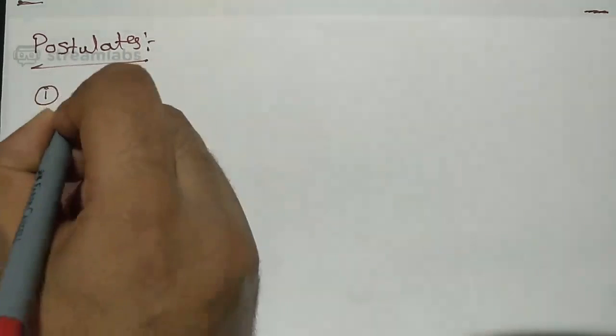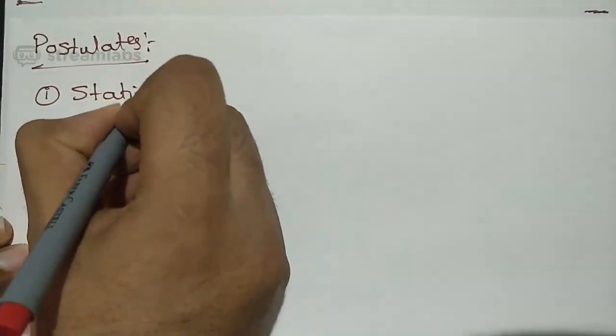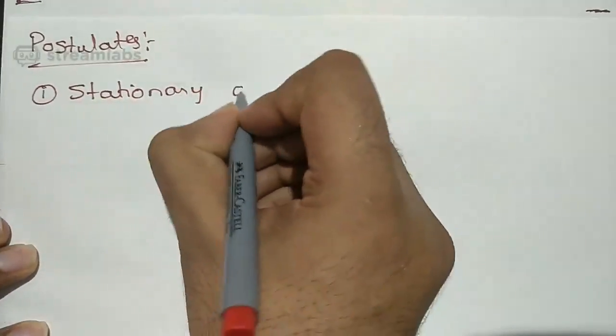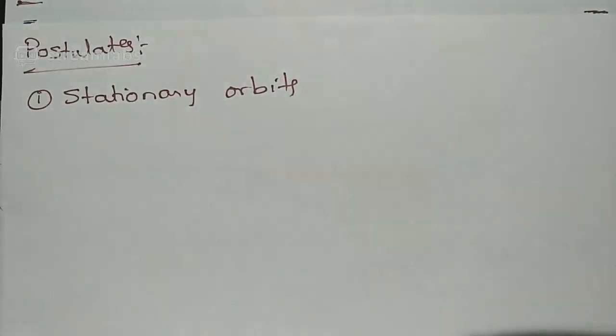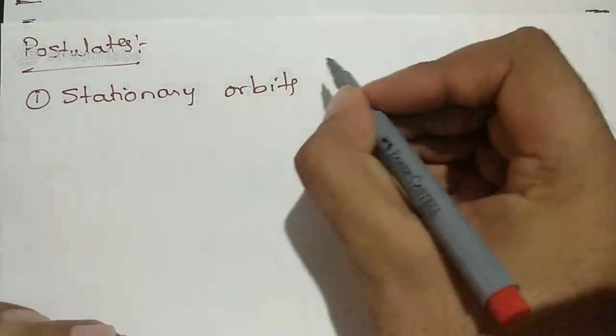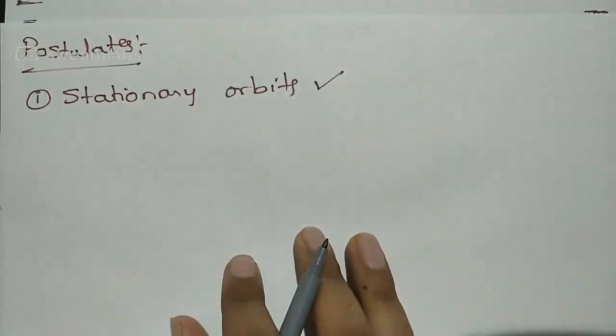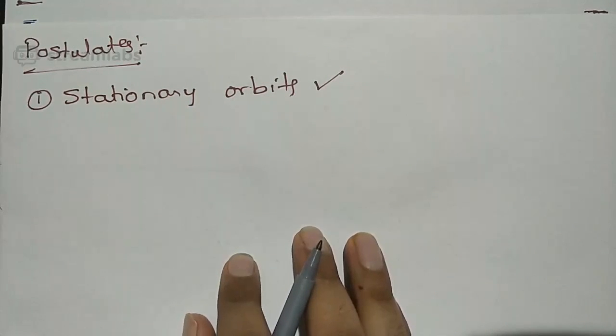It can be present only in some special orbits, and he called those orbits stationary orbits. The electron is present only in those orbits. Now, what is the speciality of that stationary orbit? The speciality of the stationary orbit is that when the electron is present in this stationary orbit, it does not radiate any energy.